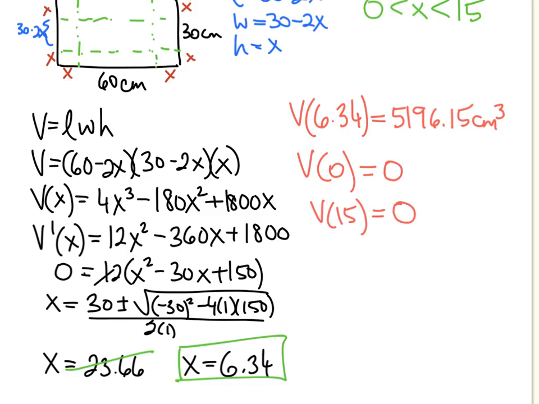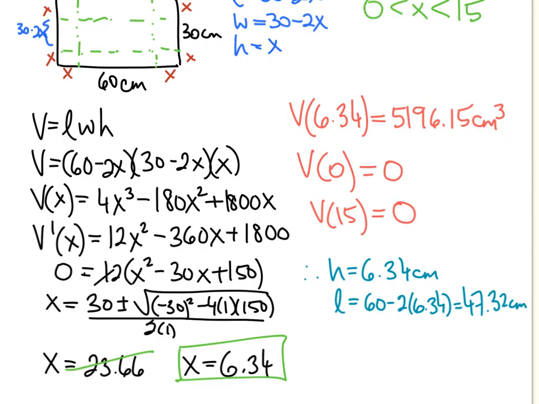So our x value is going to be 6.34, that's our height, and then our length, just sub it back in. 60 minus 2x will give us 47.32 centimeters, and our width will be 30 minus 2x, and that gives us 17.32.